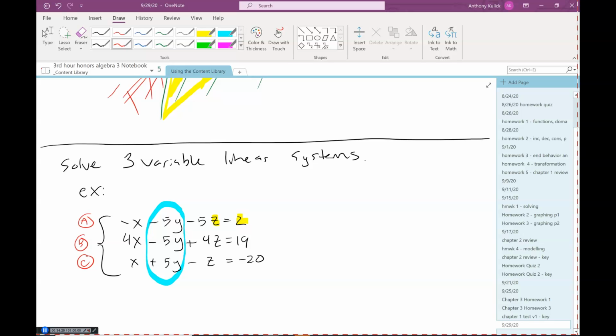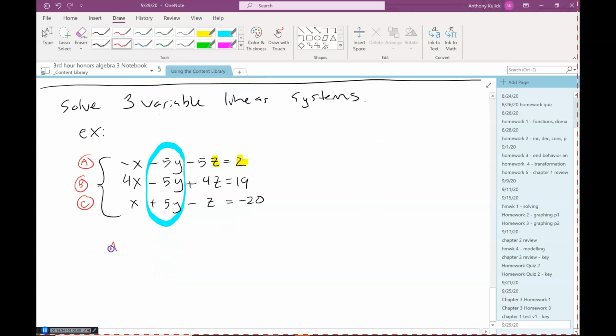So I'm going to do A plus C and then B plus C. So that's equation A, and then equation C is that.